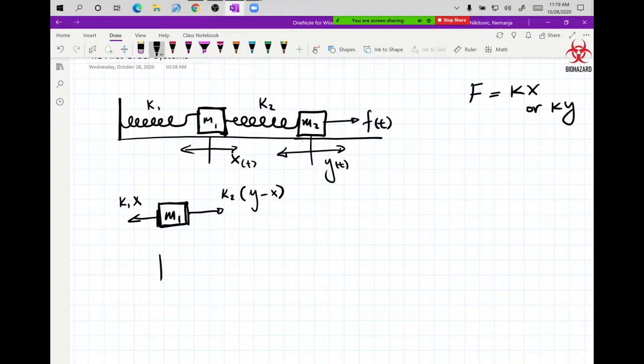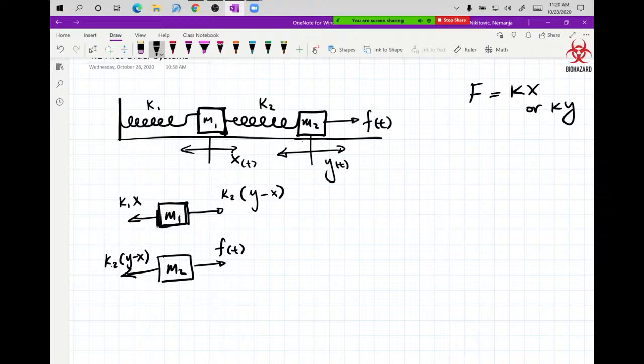Now the second body diagram, which is M2, will have the spring coming in. So k2 times (y minus x), we already have that. That's the same force because they're connected. And on the other side, you have F of t, which is the pull that we exerted on it to set the whole thing in motion.